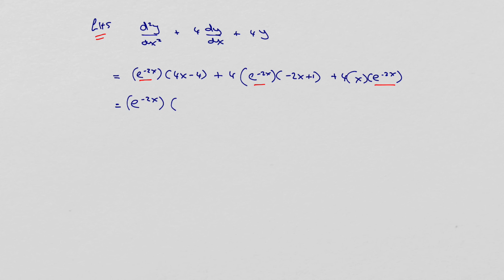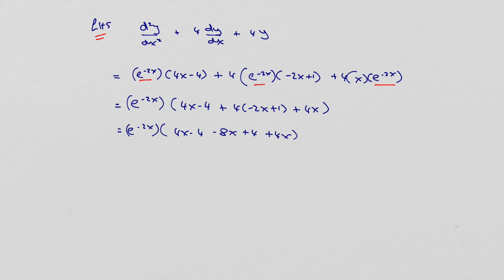And then I'm left with, inside the brackets, 4x minus 4 plus 4 times minus 2x plus 1 plus 4 times x. So if I simplify that second bracket, I have 4x minus 4 minus 8x plus 4 plus 4x.